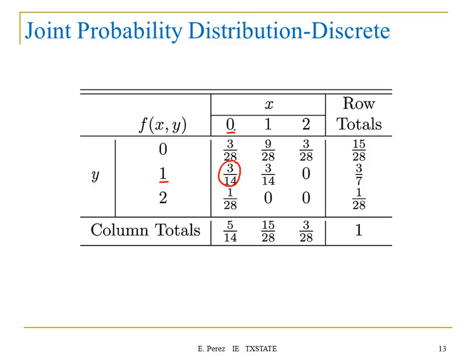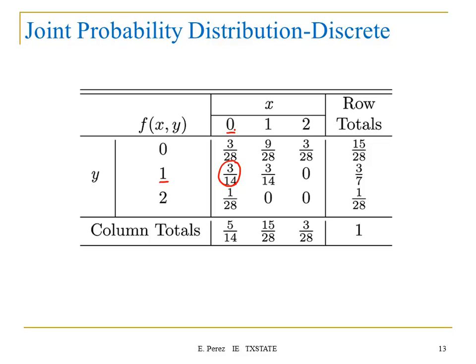If we repeat that process for the case in which you have 0 blue and 0 red, that probability will be equal to 3 over 28. If you look at the case in which you have 2 blue and 2 red, that will be 0. That makes sense because you're only selecting 2, so there's no way that you can have 2 of each. So we can create this type of table to show the probabilities for each outcome of the experiment.